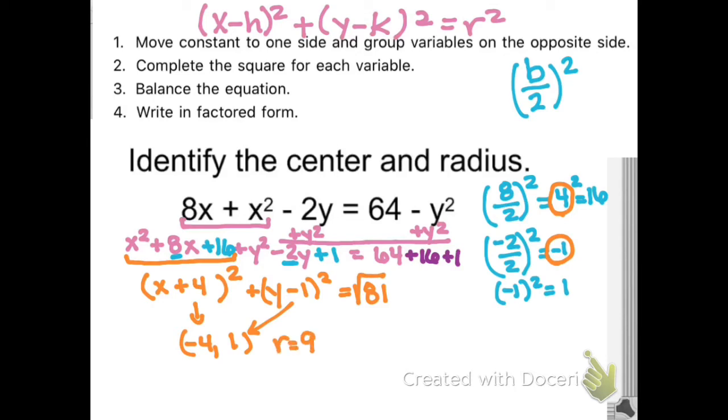And I want to point out that you could write the equation as we had it with the 81, or as some of them would have shown, they like to put the radius squared. So either x plus 4 quantity squared plus y minus 1 quantity squared equals 9 squared, or the 81 that we had previously.